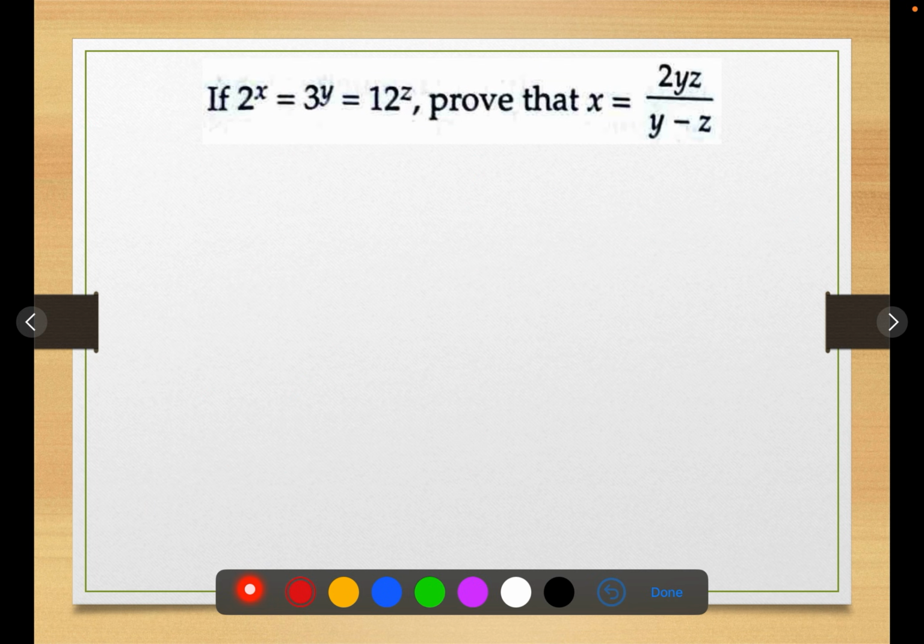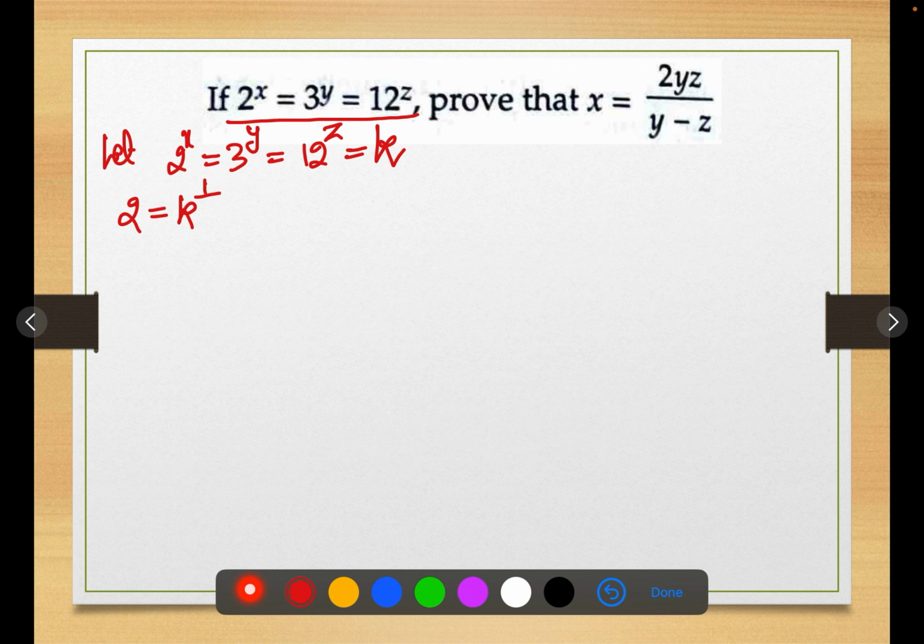So this is one more question of the same type where I can see 2 to the power x is equal to 3 to the power y is equal to 12 to the power z. So my first step is assuming 2 to the power x is equal to 3 to the power y is equal to 12 to the power z is equal to k. That gives me 2 is k to the power 1 upon x, 3 is k to the power 1 upon y, and 12 is equal to k to the power 1 upon z.